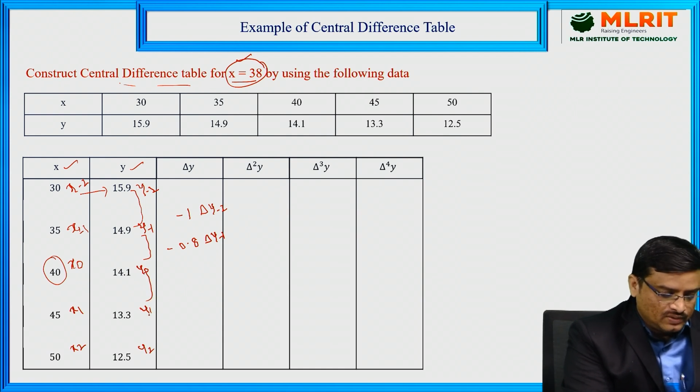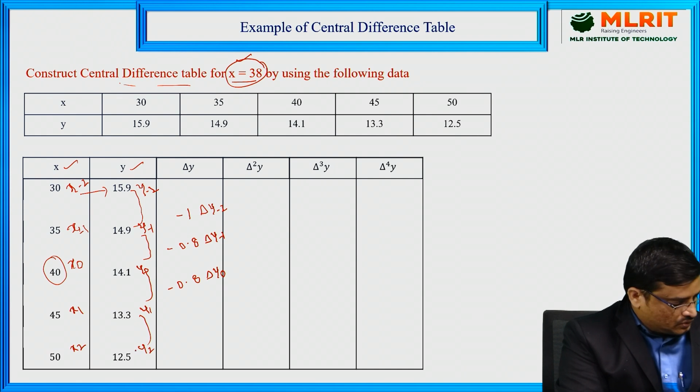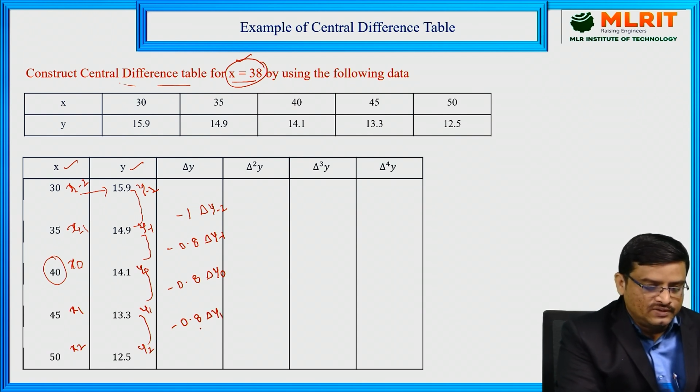Now 13.3 minus 14.1, this is also minus 0.8. This is represented with delta y naught. And next, find out these last two differences. So 12.5 minus 13.3, you will get minus 0.8, which is represented with delta y1. So this is our first differences of y.